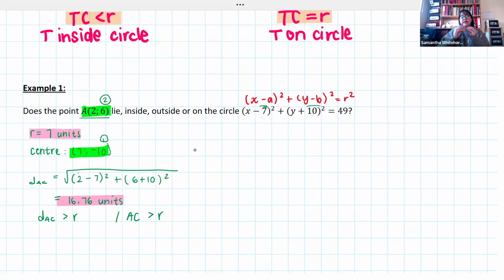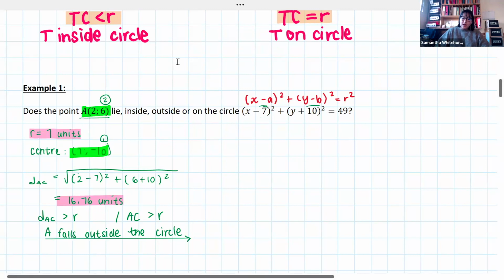And we know that when the length from our center to our point is much longer than our radius, the point we're talking about falls outside our circle. And the question did ask, does it fall inside, outside, or on? So we do actually need to make that statement. It is falling outside our circle because it sits much further away from the center than the edge of our circle, i.e. the circumference. Right, so we make comparisons between length from center to point and radius of the circle.